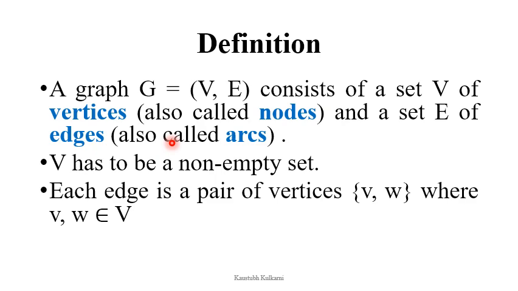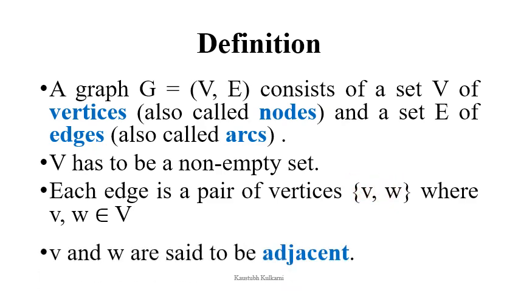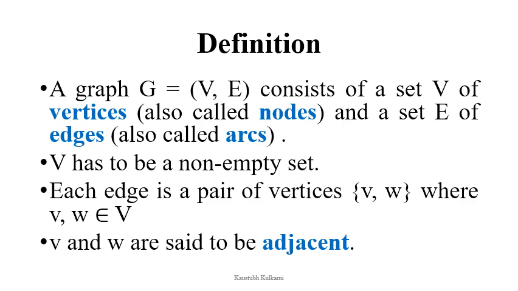That's why the set notation is used here, curly brackets. In a set, order of elements doesn't matter. So we have just used curly brackets to indicate a set, meaning that V and W are being connected by this edge. Now V and W, which are connected by this edge, are said to be adjacent to each other.